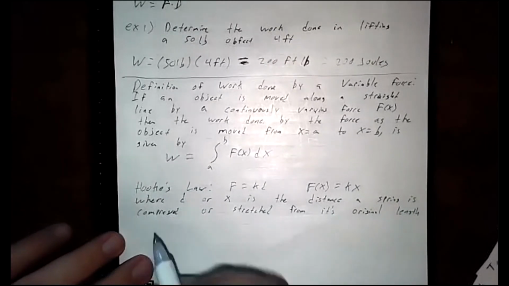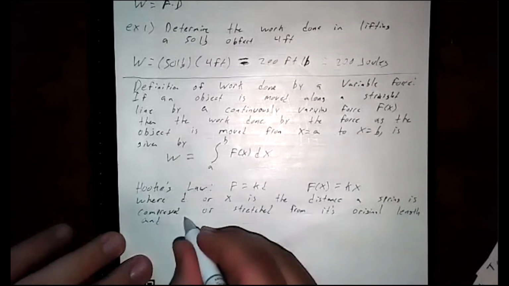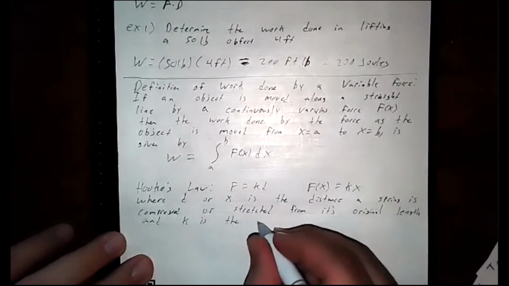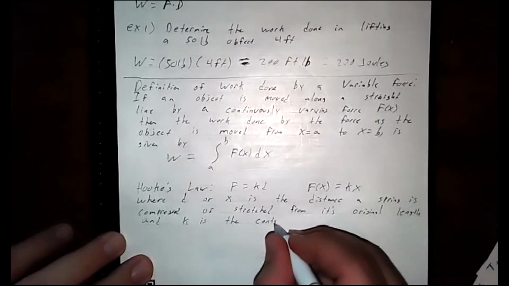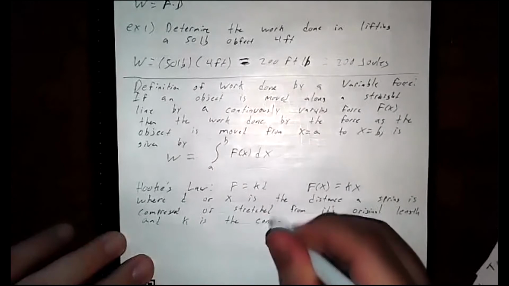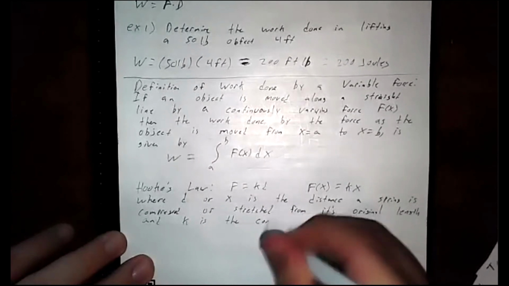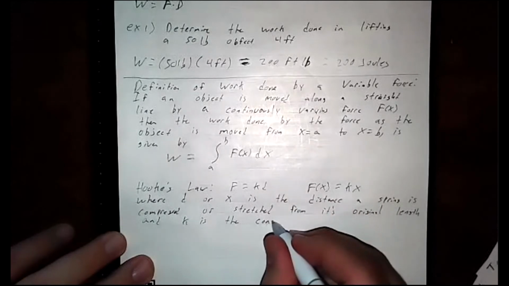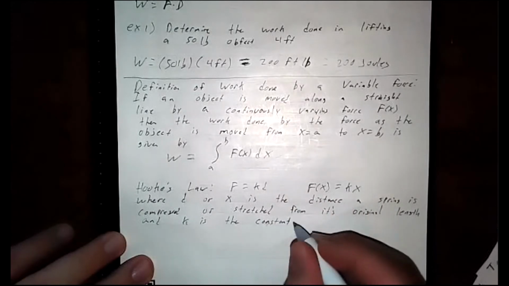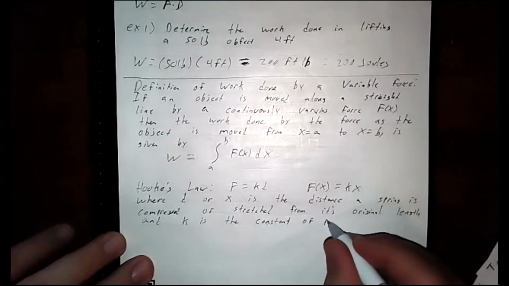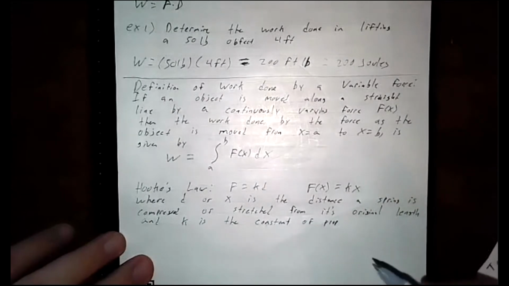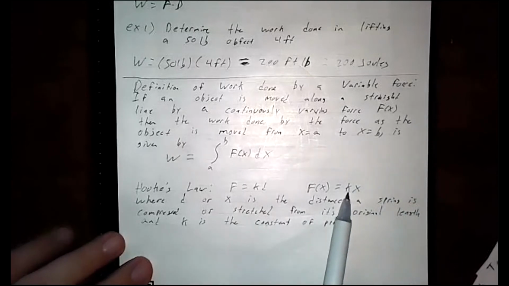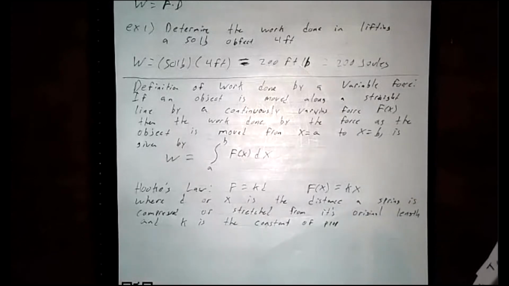And K is the constant of proportionality. They also call it the spring constant in physics. But in math, these types of constants in general are just called the proportional constant.